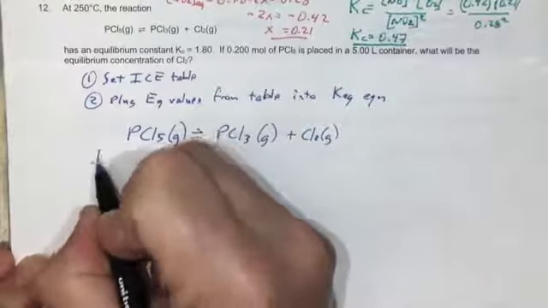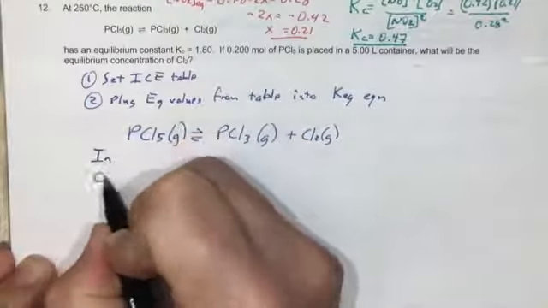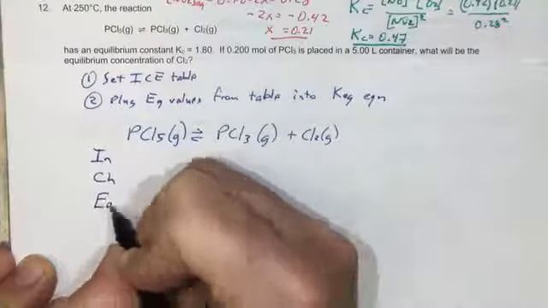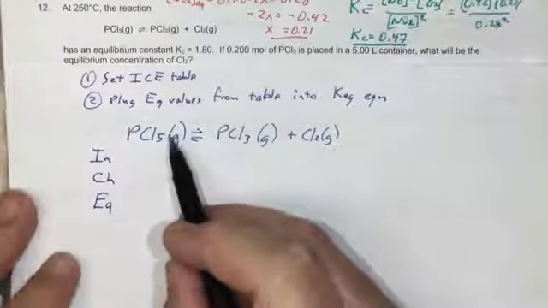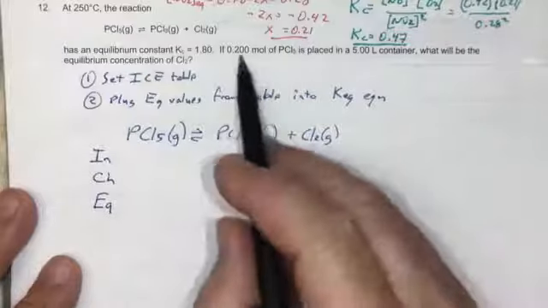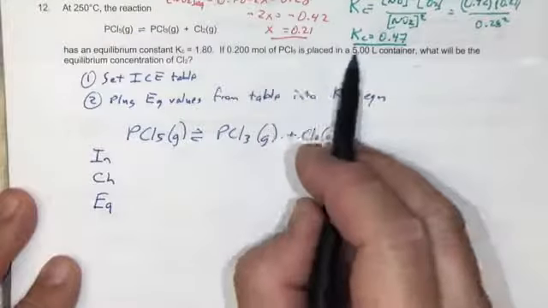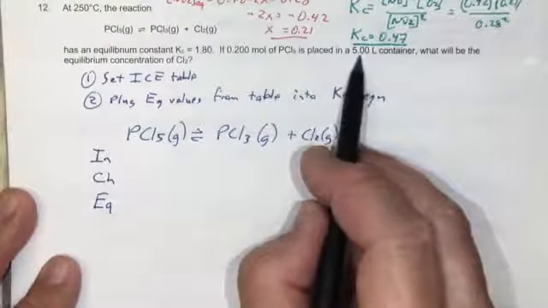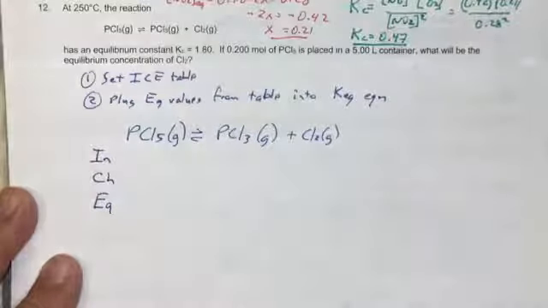Then we will put the initial amount, the change, the equilibrium amount. Now remember, this has to be expressed in terms of concentration. So we had 0.2 moles of PCl5 in a 5-liter container, so I need to plug in concentration.